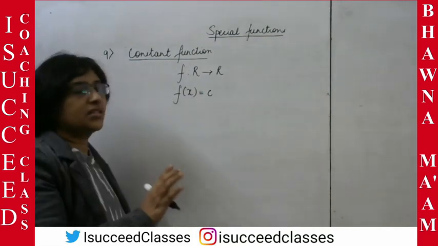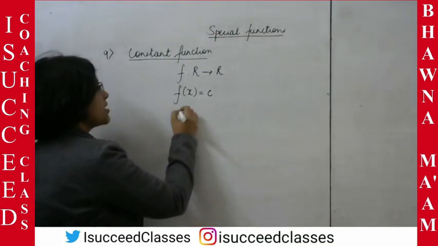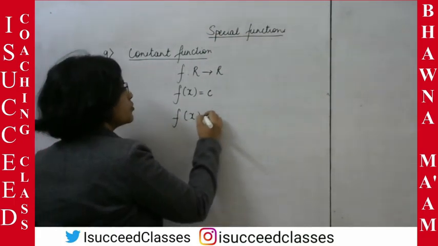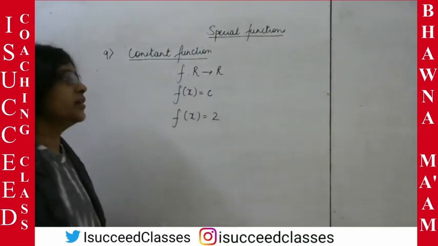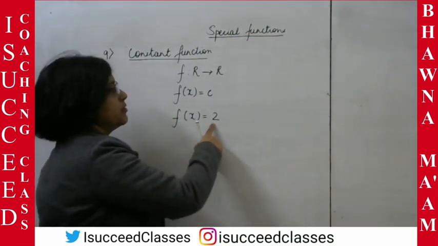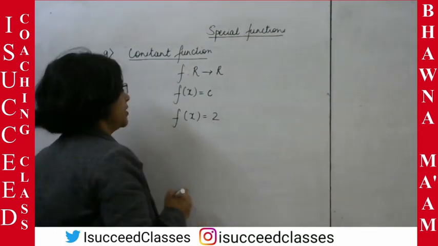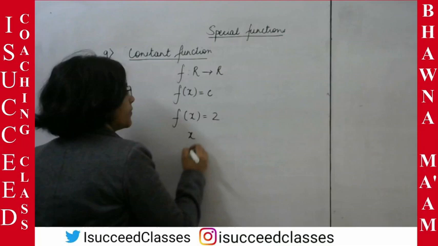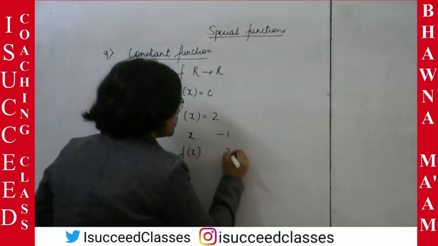Now, the function depends on what the C value is. For example, if f(x) equal to 2, then for whatever x value you take, the image is going to be 2. It's like a constant polynomial. So for different values of x, for -1, it is true.